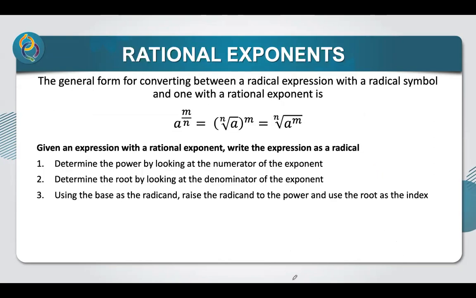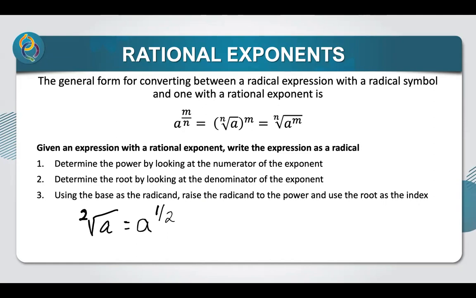So we can change a radical expression into one having rational exponents. As I mentioned, for the square root, it's understood that there's a 2 there. The square root of a is actually the same as a to the 1/2.